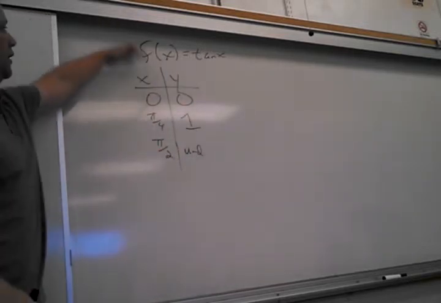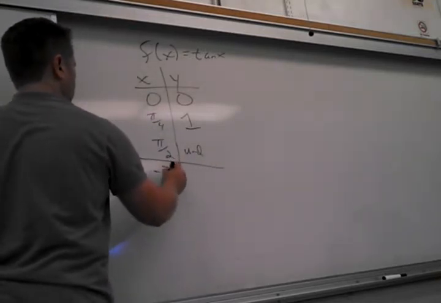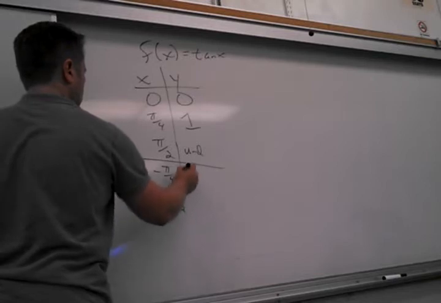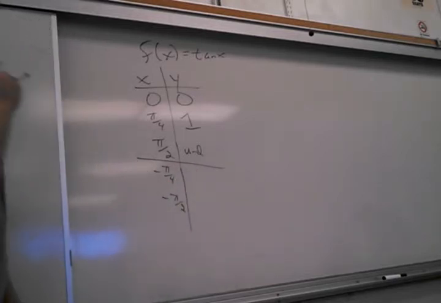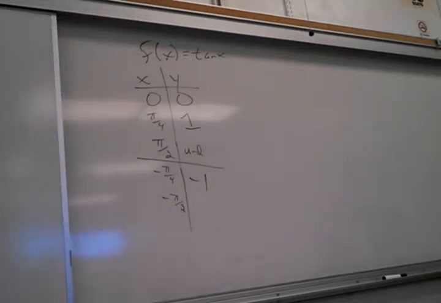And probably, if I go the other way, it's going to go the other way. Negative pi over 4, negative pi over 2. What's tangent of negative pi over 4? Which quadrant are you in? Fourth quadrant. Sine and cosine have different signs, so the tangent's going to be negative 1. Good. And of course, tangent of negative pi over 2 also has to be undefined.